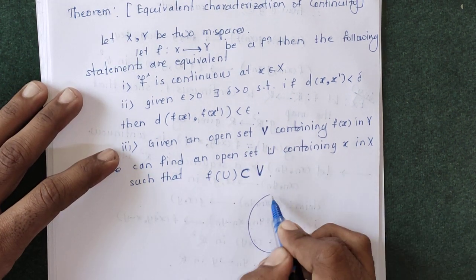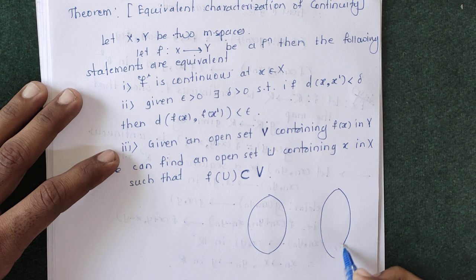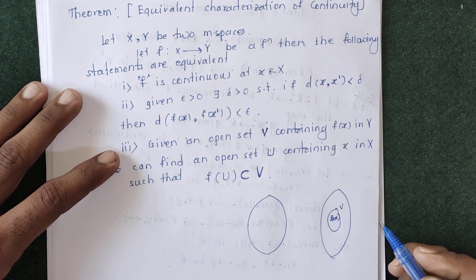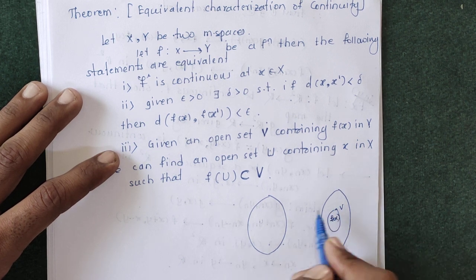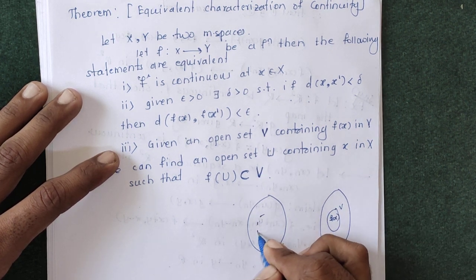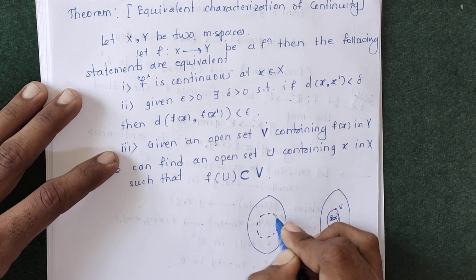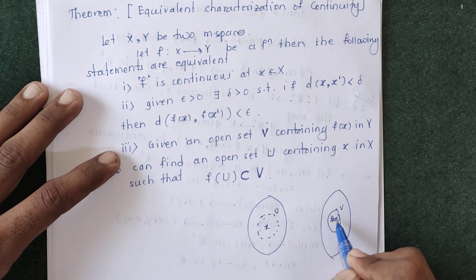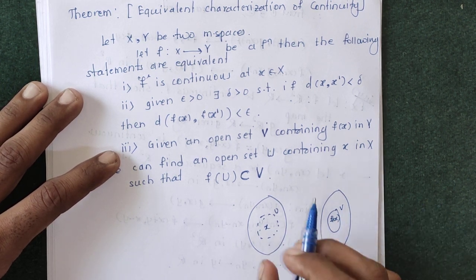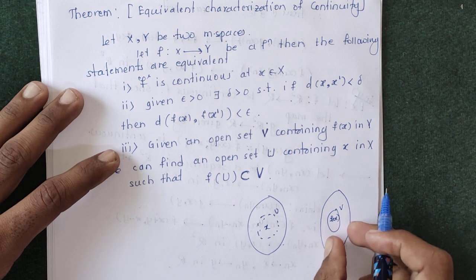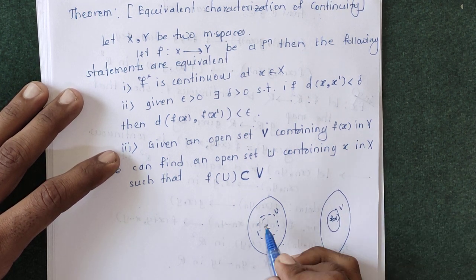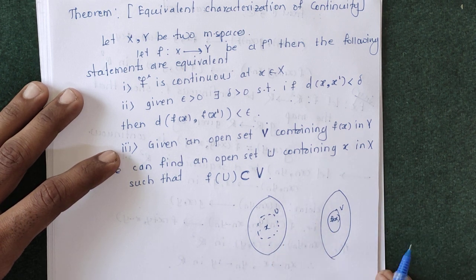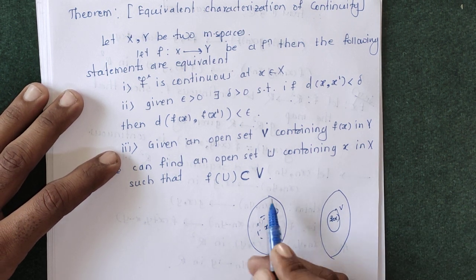Suppose there is a function from domain to codomain. If you find an open set V which contains f(x), then for this open set V there must be some open set U in X which contains x, such that the image of this whole open set U is contained in V. It is not the case that one open sphere must be large and the other small, because here we are dealing with functions.